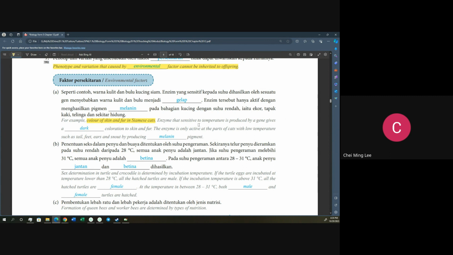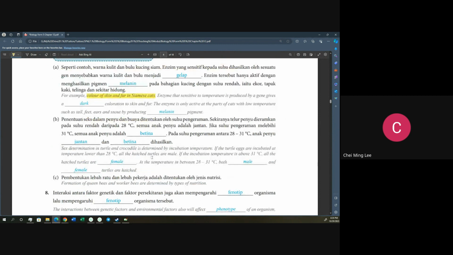Because the skin color and fur color is due to the dark pigment, which we call melanin pigment. So that's why the color normally becomes darker at the tail, feet, ears, and snout. Snout is the area around their nose.